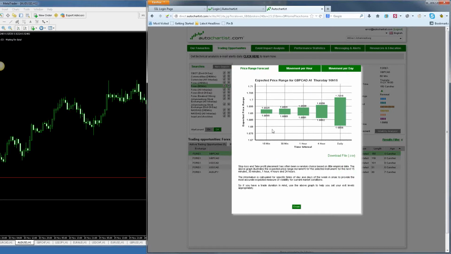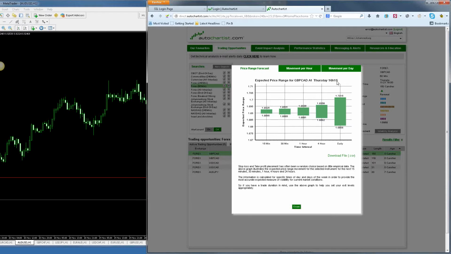So you see here it's got 15 minutes, 30 minutes, 1 hour, 4 hour, and daily. What this does is it shows you the expected price range for GBP CAD at Thursday at 16 hours and 15 minutes.